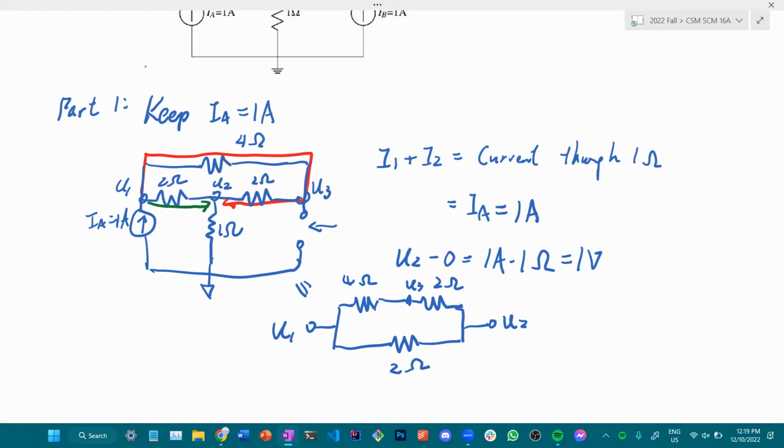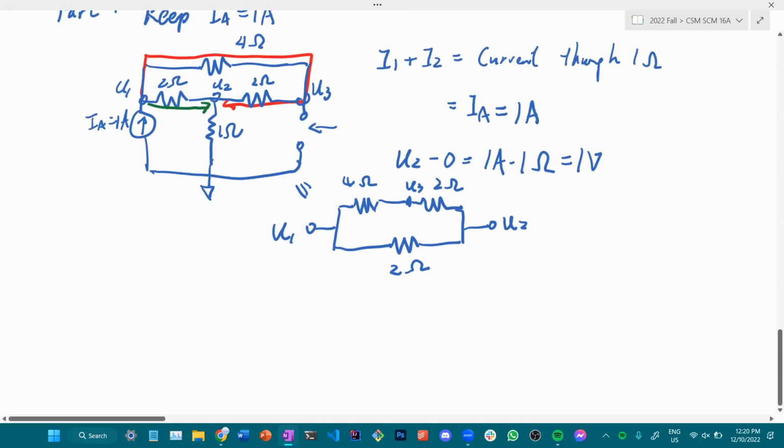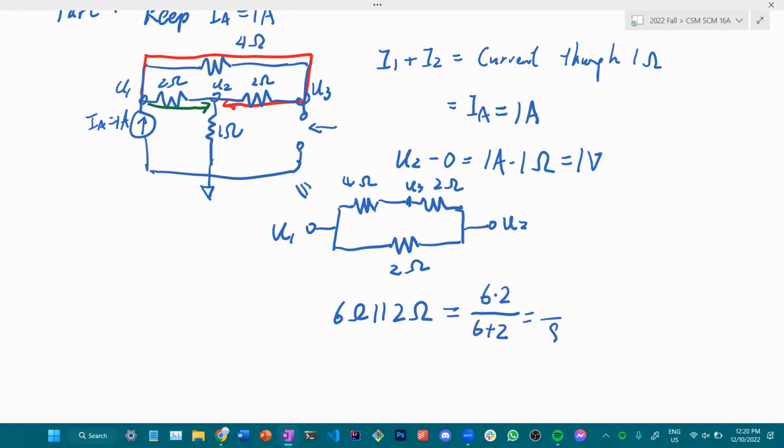It is also convenient to write out equivalent structures during an exam so you can simplify the different situations on the circuit. So in this case, we can determine that the resistance between U1 and U2 is the equivalent resistance of this parallel and series combination, which is 6 ohm parallel to 2 ohm. Let's make a quick computation here. This is going to be equal to 6 times 2 over 6 plus 2, which gives 12 over 8, which is 1.5.